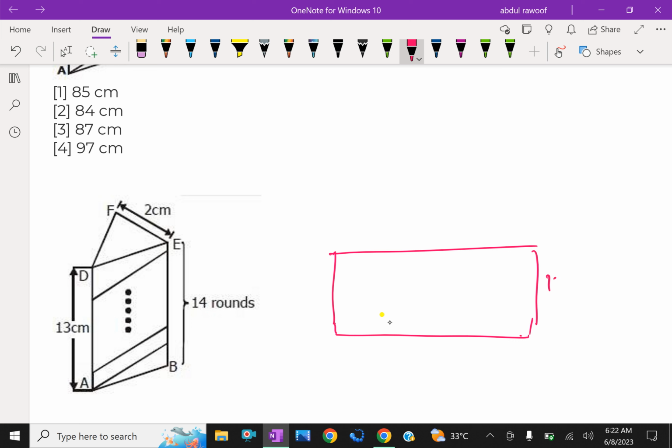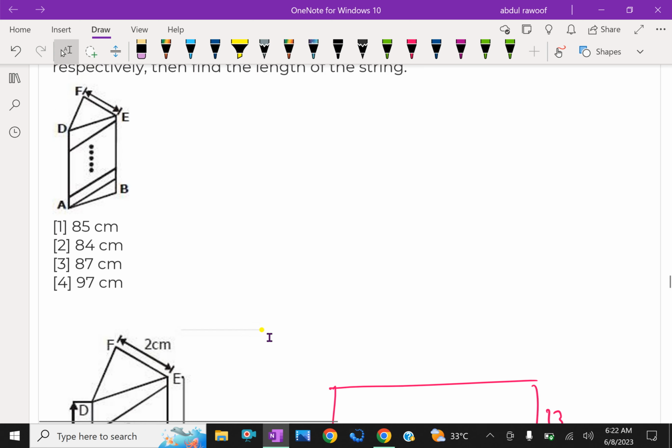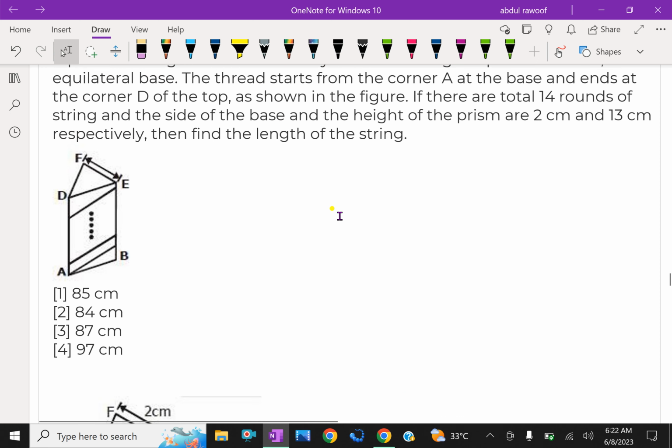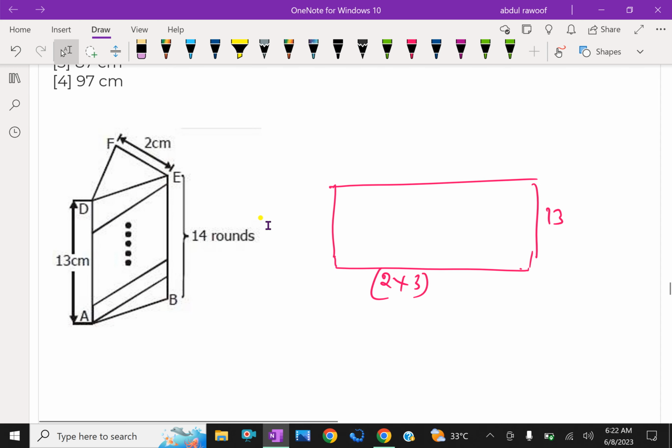13 is the height, 2 is one side length, totally 3 sides, and the width is 14, the total rounds are 14.